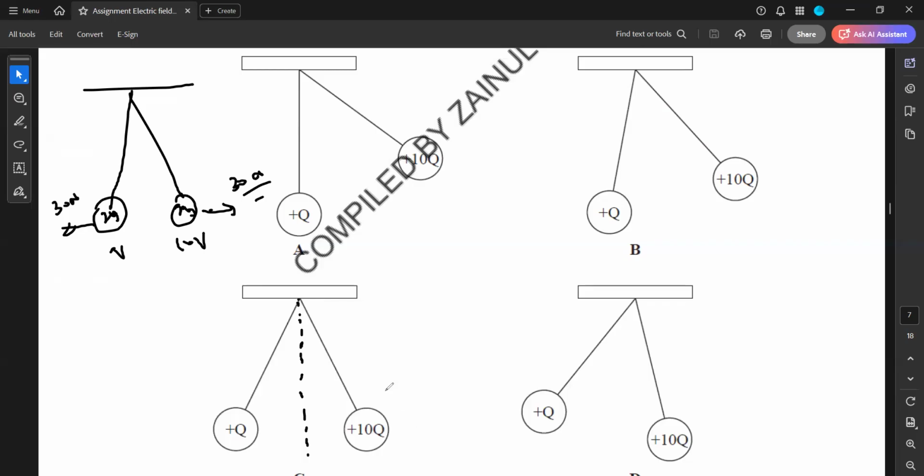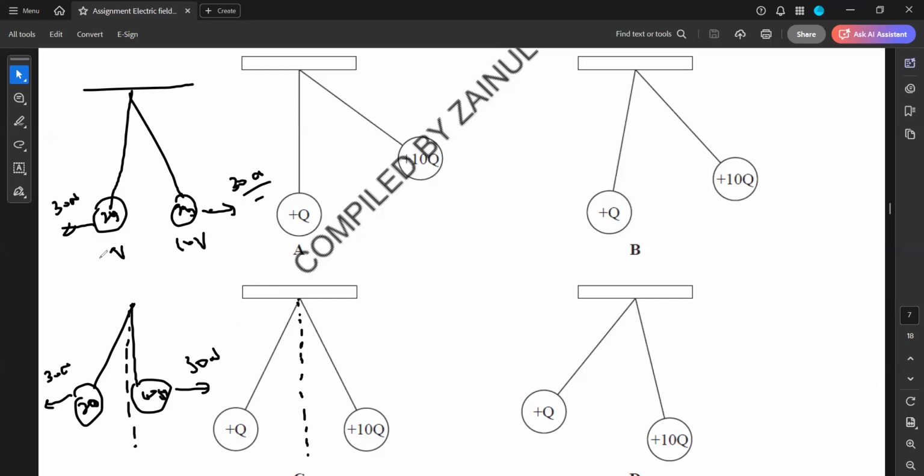If the masses were different, for example if we change the question so that one is 2 kilogram and another is 10 kilogram, the force will be the same on both of them, but the acceleration, or the change, will be less for the 10 kilogram. So the displacement of the 10 kilogram will be less compared to the displacement of the 2 kilogram.